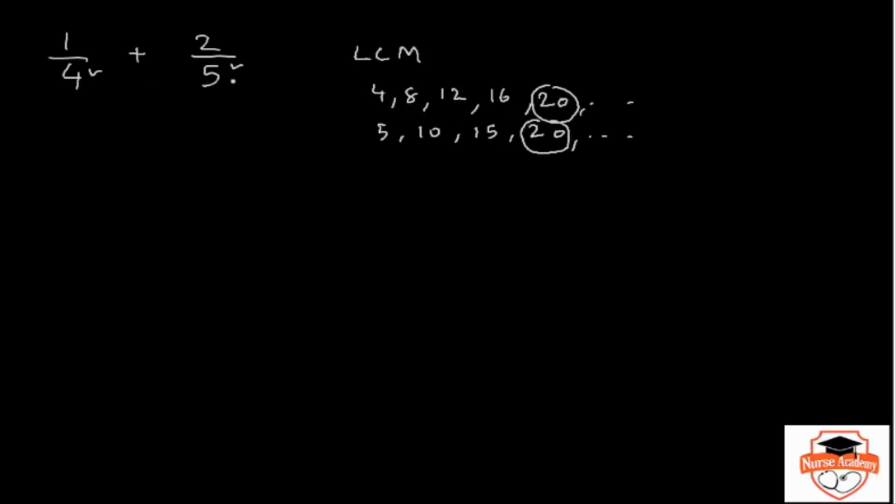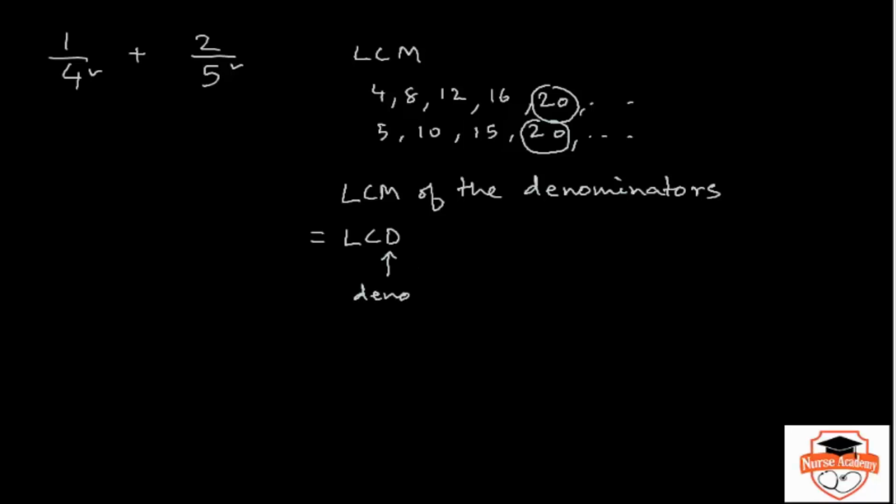So your first job is to find the LCM of the denominators. It's also called the least common denominator of the 2 fractions. So the LCM of the denominators is also known as the LCD, least common denominator, D for denominator, of the fractions.